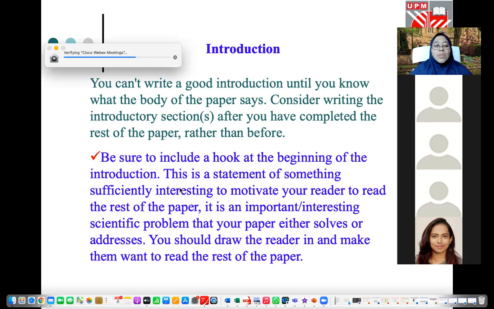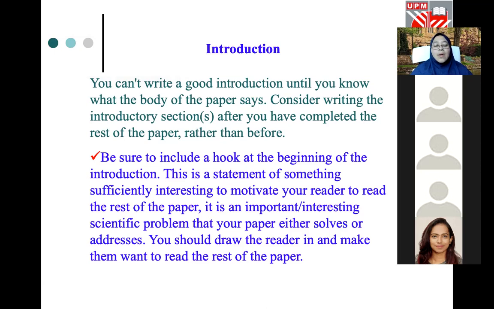Be sure to include a hook at the beginning of the introduction. If I ask you questions, I'm sure that most of you know what should be in the introduction. You should be talking about the background of the study, the content, a bit on the previous research, but how to write it is the challenge.